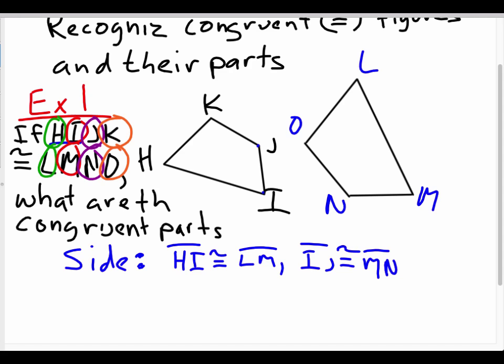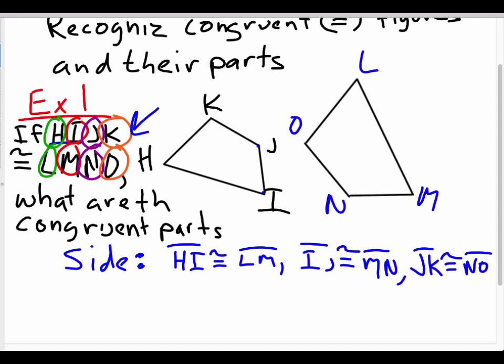Because I to J kind of looks like O to L too. But that's why we always go back to this. Let's do a couple more. We have JK is congruent to what? NO. All right? And then there's one more, but we won't list it.